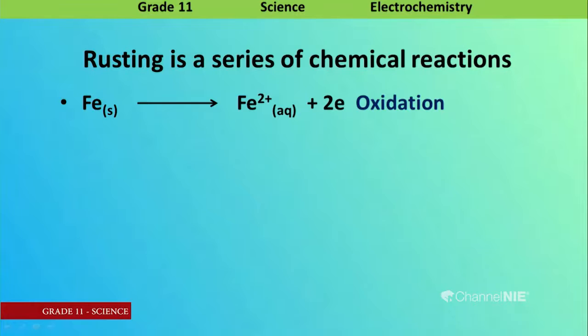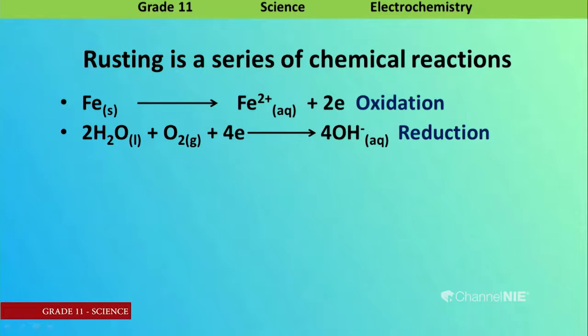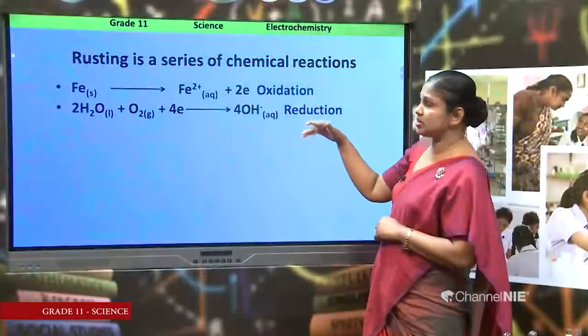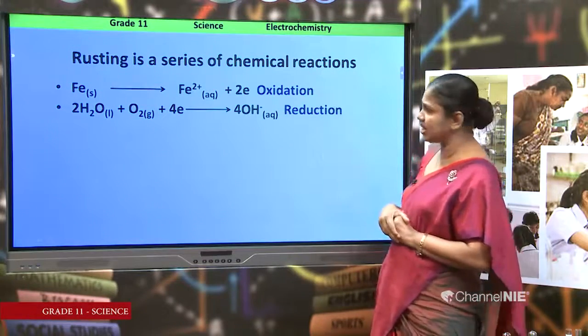After a few days, water and oxygen near iron receive electrons emitted by iron and turn into hydroxyl ions. As iron releases electrons, children, it is oxidation. It's an oxidation reaction. As water molecules and oxygen gain electrons, it is a reduction process. Then there are two reactions, oxidation and reduction, taking place here.